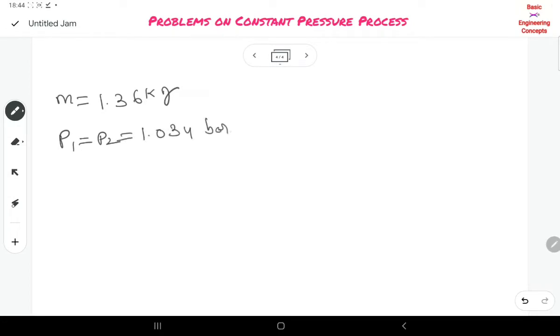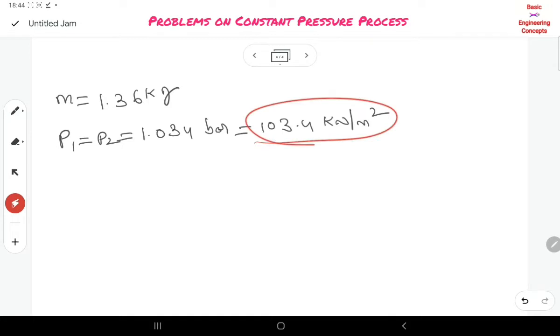equal to 1.034 bar. If the pressure is given in bar, you should multiply it by 10 squared to convert to kilonewtons per meter square, as the unit for pressure must be in kilonewtons during the calculation.